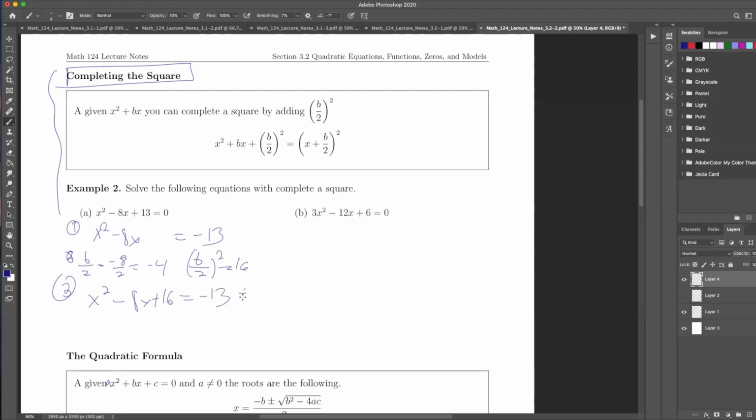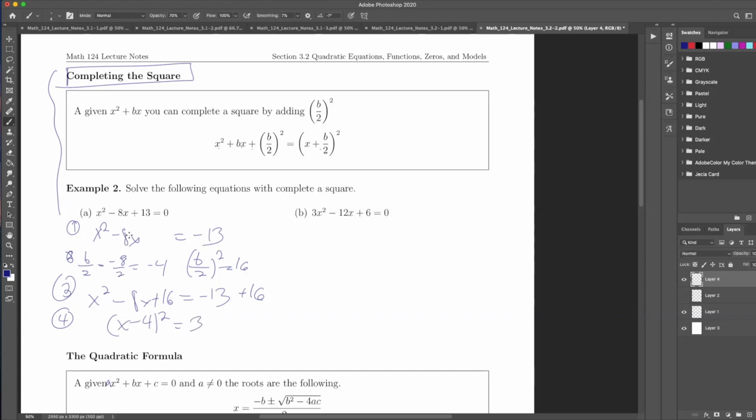Add 16 here, add 16 here. Step 4, so now that I've added this, now I have x squared plus bx plus b over 2 squared. That's equal to x plus b over 2 squared. So this is x minus 4 squared, equal to, and then here we can simplify this to be 3.